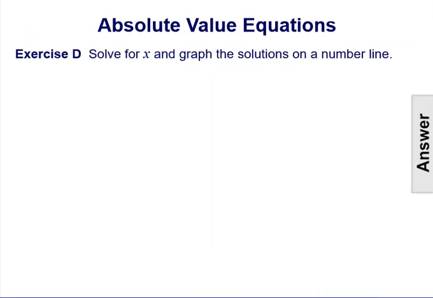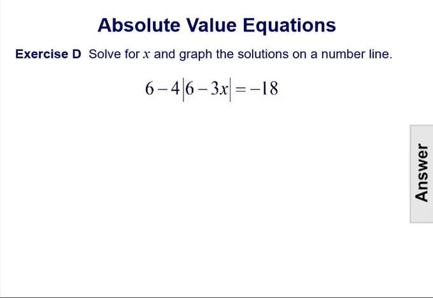So here, for example D, we have solve for x and graph the solutions for 6 minus 4 times the absolute value of 6 minus 3x equals negative 18. First, let's go step by step. We're going to subtract 6 from both sides. So negative 4 times the absolute value of 6 minus 3x is equal to negative 24.